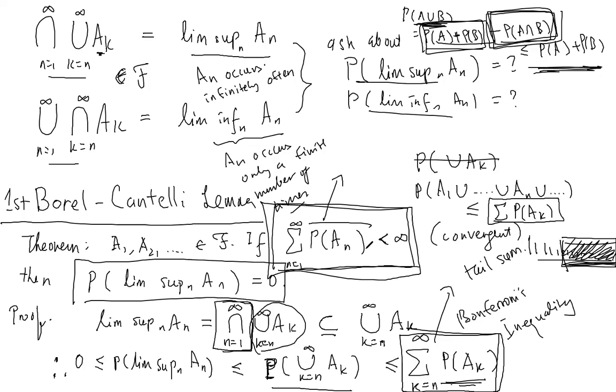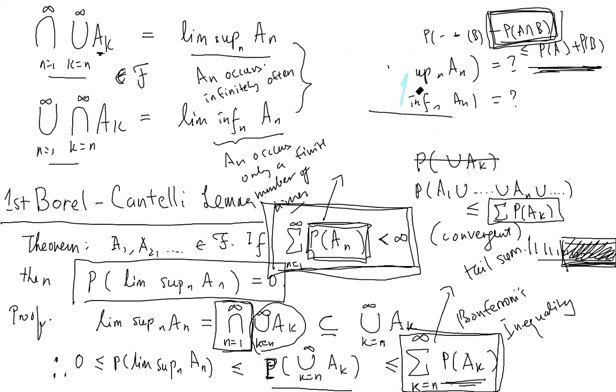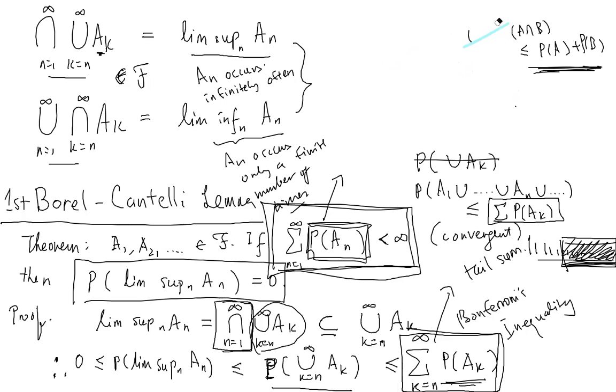If this sequence of probabilities, you add them up, they converge to some number. What does it say about the tail sum? What would happen to the tail sum? What would it converge to?